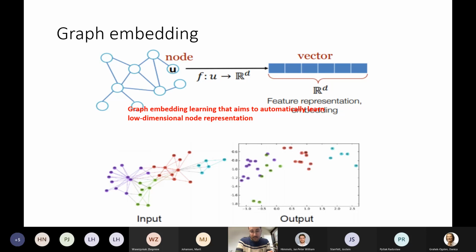For example, in this case, we project them using these neural network techniques into two-dimensional space. And what does it mean? Nodes that are similar in the graph in some sort will end up close to each other in this two-dimensional space.